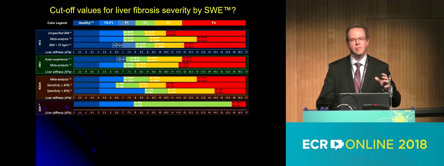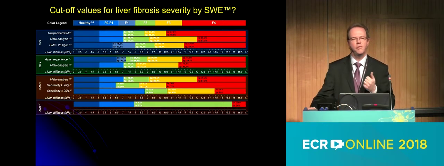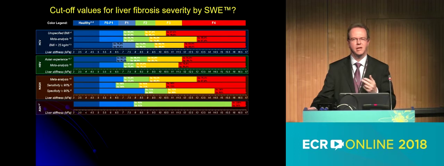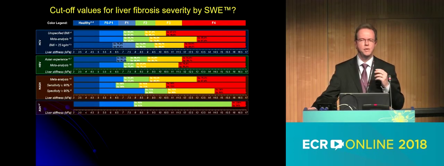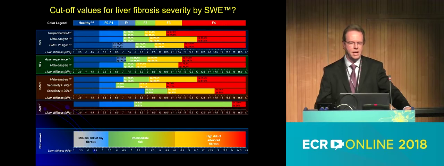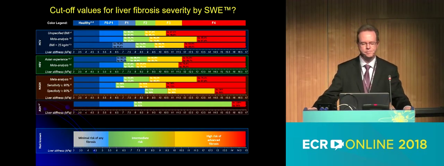Another reason to do that is that we don't know the confounding factors, which can be acute hepatitis, infiltrative hepatitis, chronic cholestasis, and so on, that will overestimate the fibrosis. So the best is probably to provide just the number, and we can use at least a very simple scale, which is this one.